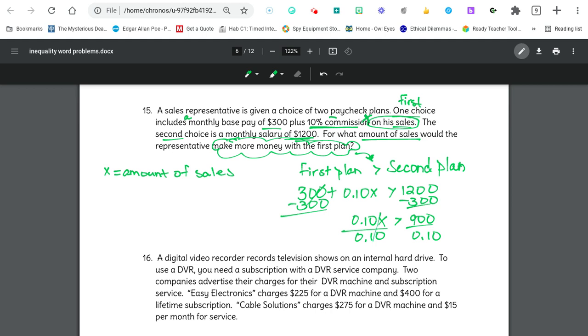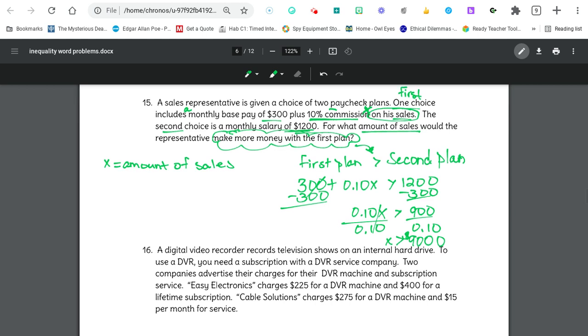Okay, these are going to cancel. So I'm going to end with X greater than 9,000. So the first plan would be better than the second plan if he sold more than $9,000 worth of merchandise. If you don't sell more than $9,000 worth of merchandise, it's going to be best to go with plan 2. Okay.